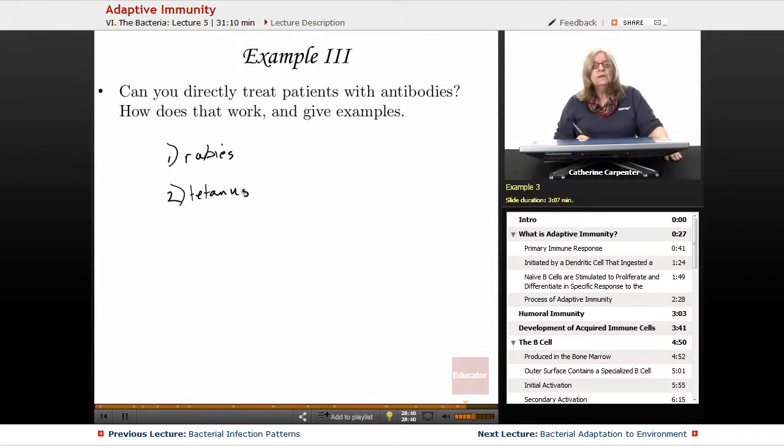So sometimes if an individual suspects, for instance, that they've been bitten by an animal that might be carrying rabies, instead of waiting for the individual's immune system to recognize the rabies virus and then launch its own immune attack, the patient, even without knowing whether they've been infected or not, is given what's called gamma globulin.